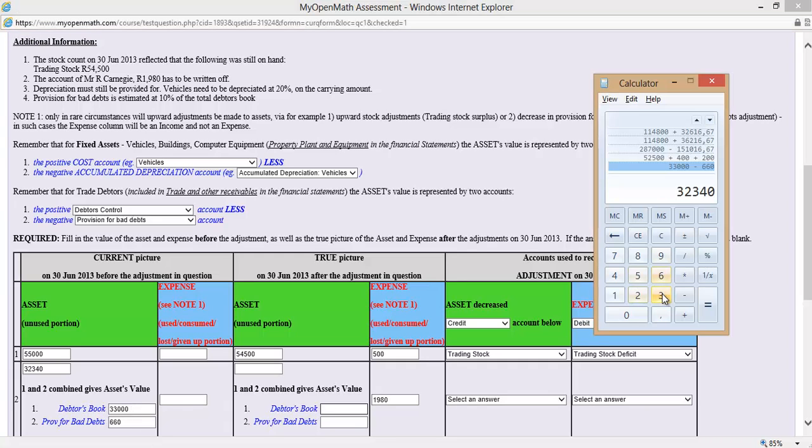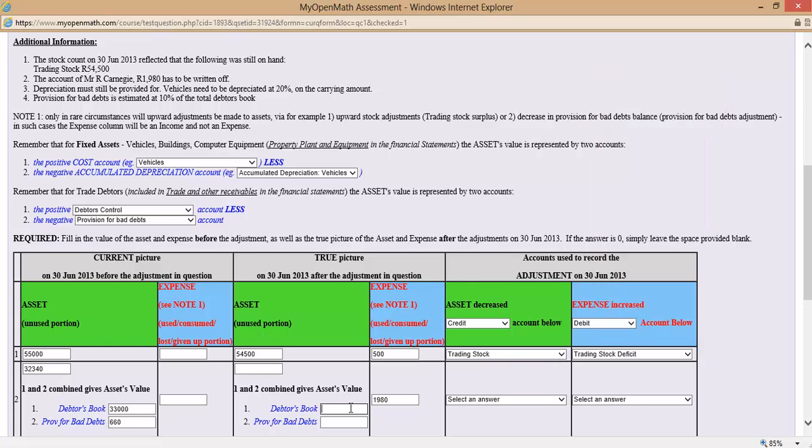So I'm going to say 33,000 minus 1980. That's going to be 31020. My provision for bad debts is going to stay exactly the same, and my new value for the asset is going to be the 1,980 less.